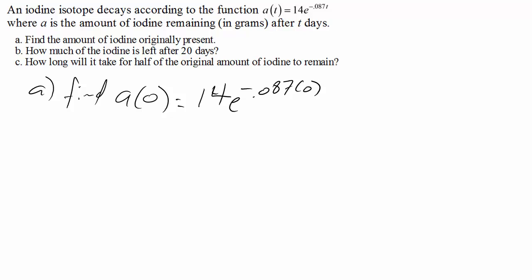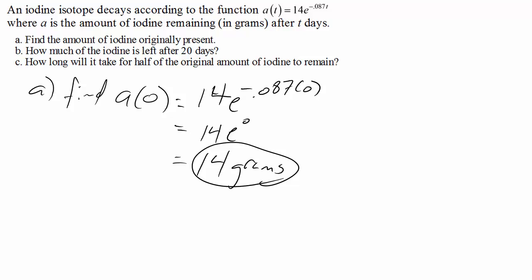So e to the negative 0.087 times 0 is e to the 0 power, which is 1. So that leaves us with 14 grams if you want to be specific about it, but 14 is generally sufficient for these types of problems.